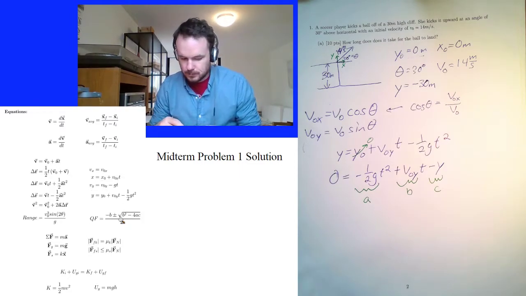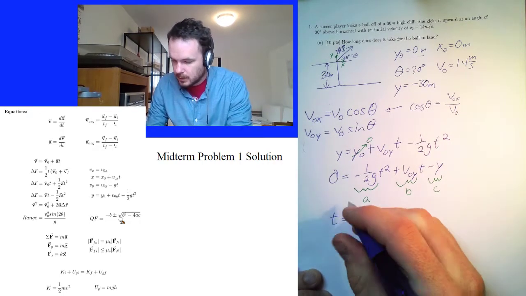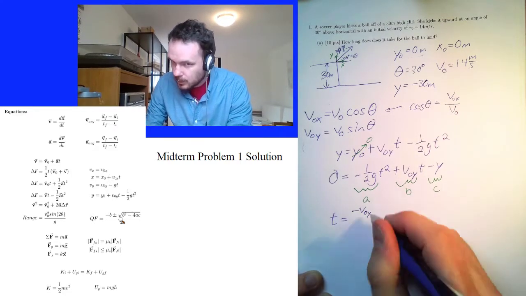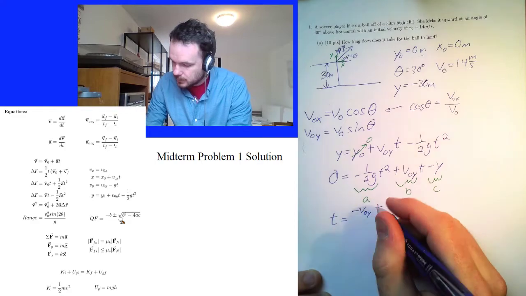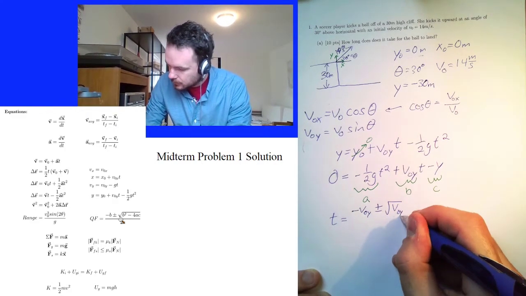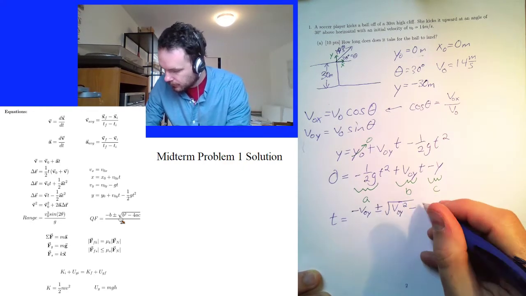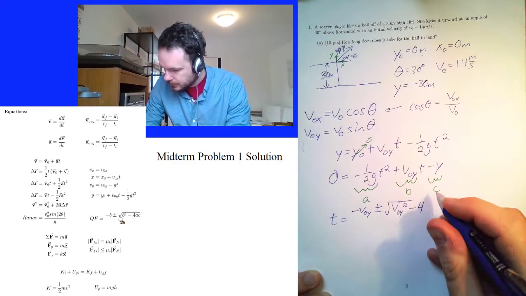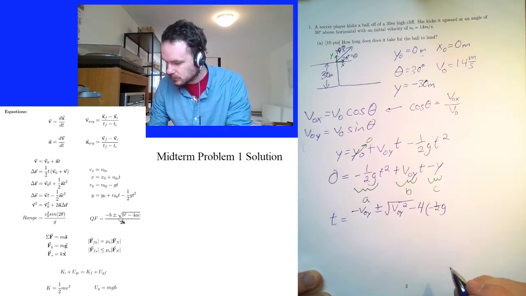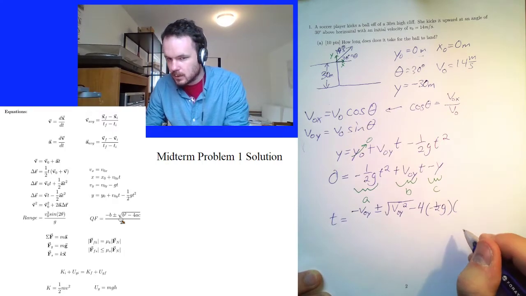So time equals negative v0y plus or minus square root of v0y squared minus 4 times negative 1/2 g times negative y.